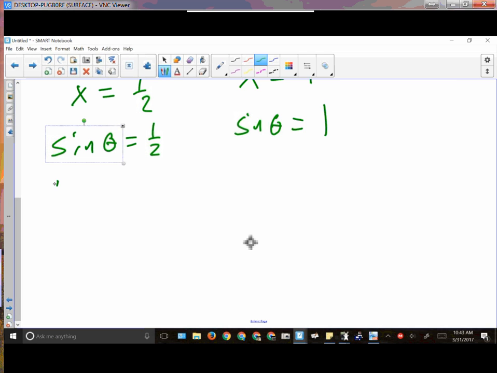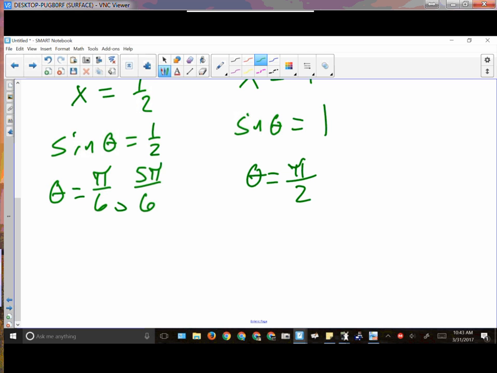Well, theta is equal to pi over 6 and 5 pi over 6. Where is sine equal to 1? Pi over 2. So theta is equal to pi over 2. So that means that these are going to be the solutions for that particular problem. Nothing different. It's just that we do that substitution, bring the sine back again, and we answer the question.